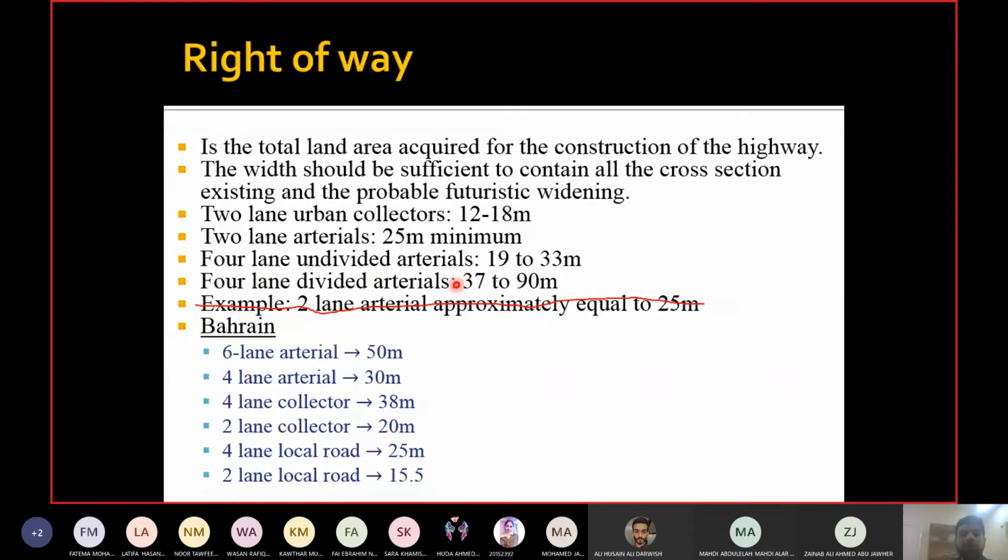Why? For example, if you don't reserve the space, you let anybody take that space and do whatever they want. You just take the space that is required right now. In the future, you may require that extra space, and now at that place there is a housing plaza, a commercial plaza, or some ground or something like that. At that time, first of all, the owner of that land who has done some construction there may not be willing to sell his land at all.